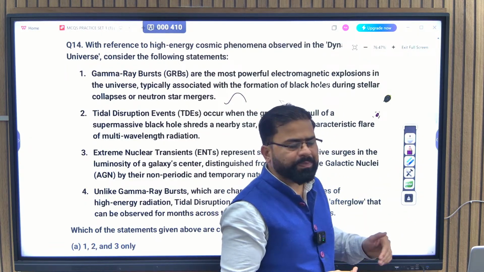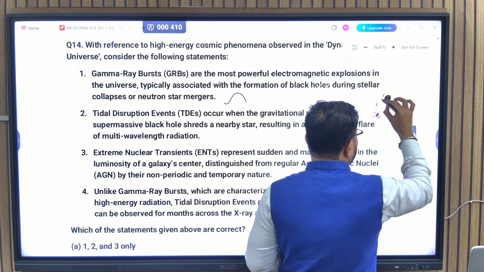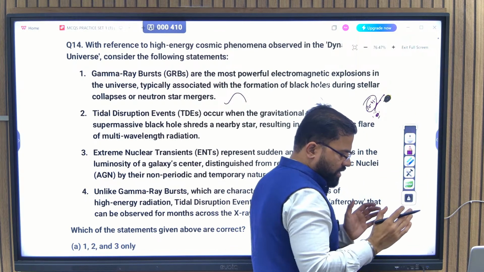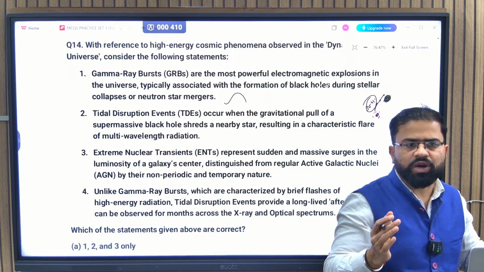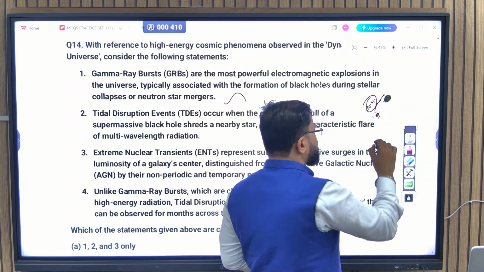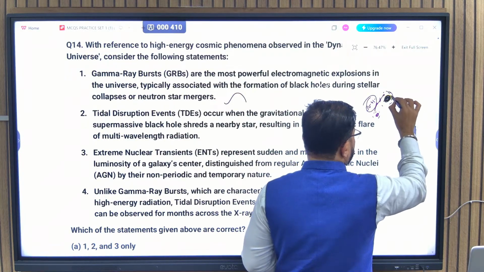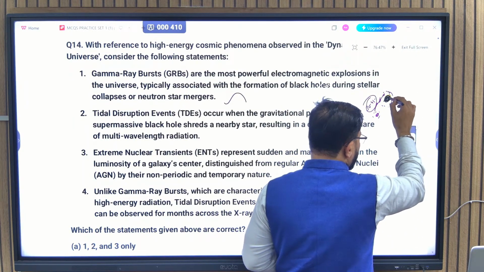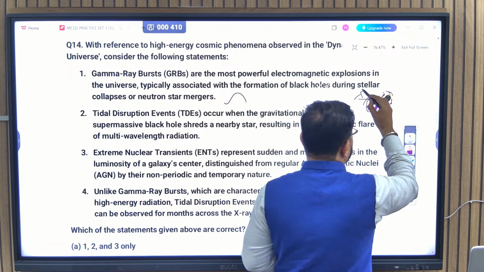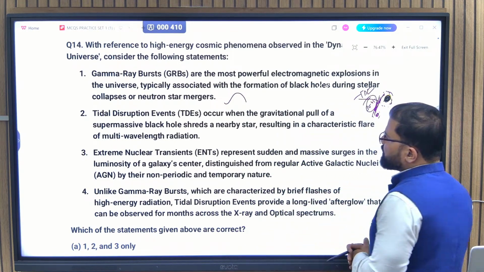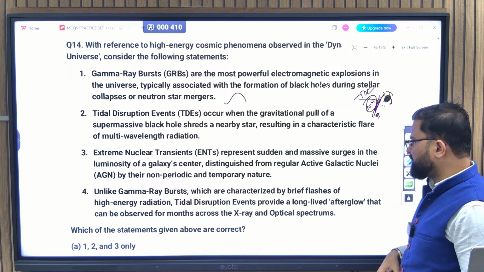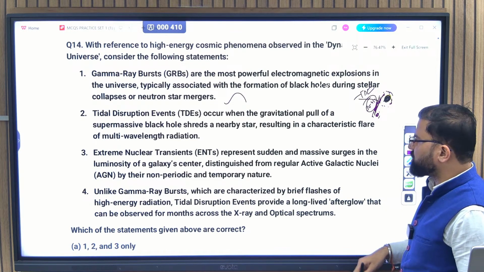Rather, 30 to 45% of the star material, the outer plasma-like, gas-like structure, will be ejected out and start moving around the black hole. They will form the accretion disk, and finally merge into the black hole. The illumination that is created is called the tidal disruption event. The tidal disruption event occurs when the gravitational pull of a supermassive black hole shreds a nearby star, resulting in characteristic flares of multi-wavelength radiation. True.